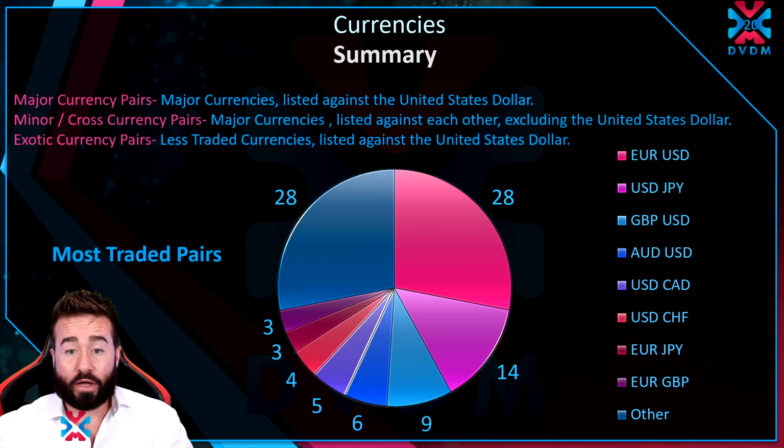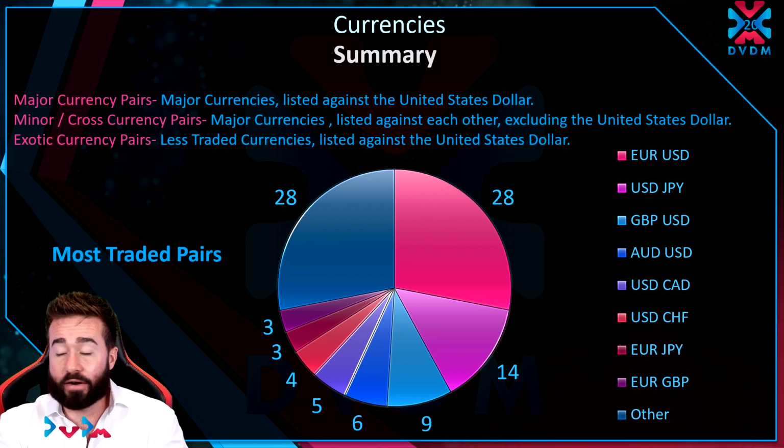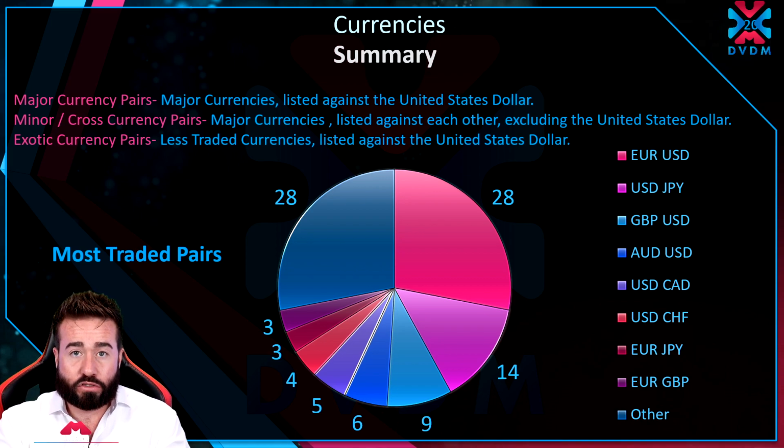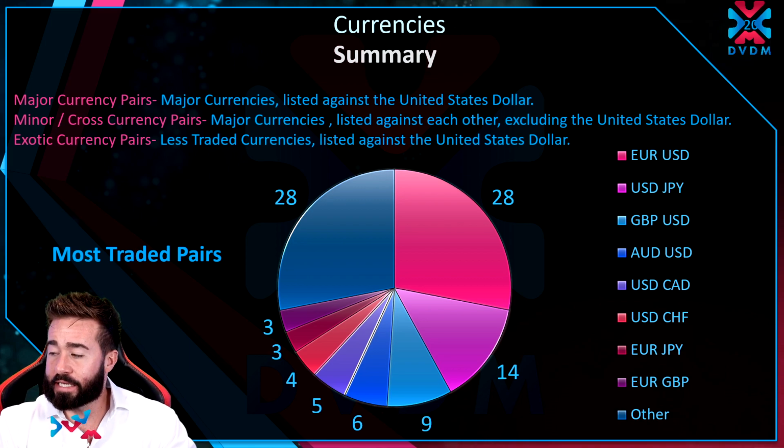Now, if we look at that market cap in terms of the pairs, we can see that Euro USD is the most traded currency pair in the world, representing almost a quarter of all transactions. USD JPY comes in at 14%, then GBP USD, AUD USD, USD CAD, USD CHF, Euro JPY, Euro GBP, and then other, which is the darker blue color over here.